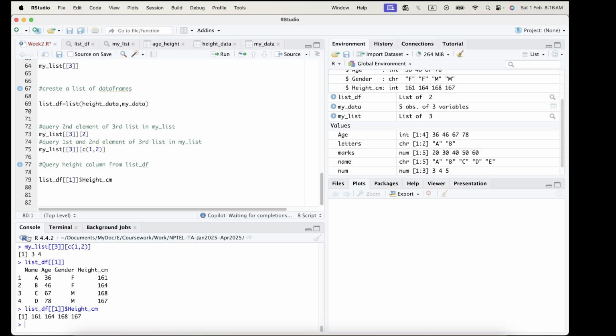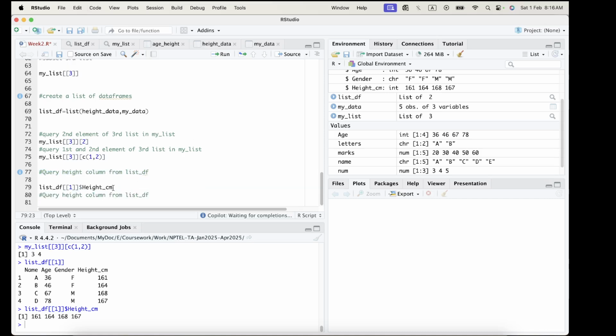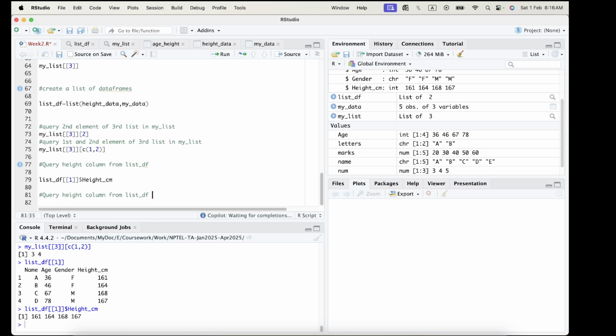And now if I want to query the height column from list df and view the height of person D, what am I going to write? It would be list df double brace 1 dollar height cm. This is going to give me the height column. Whose height do I want?